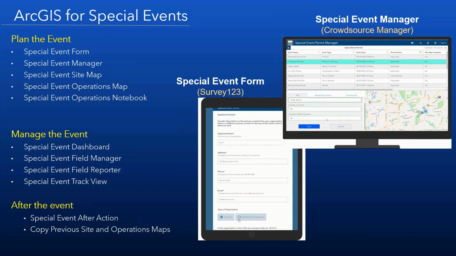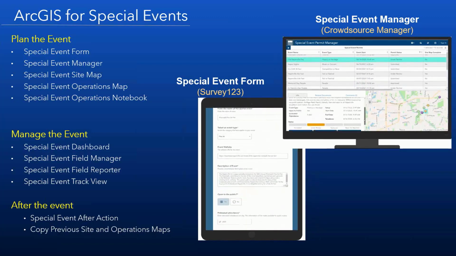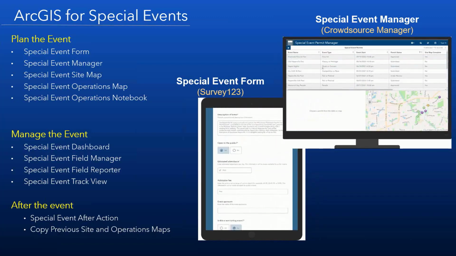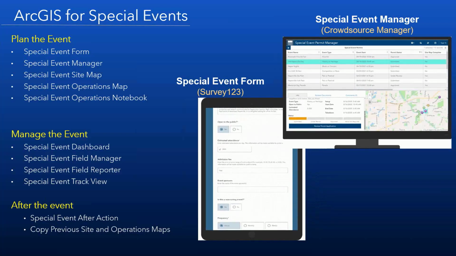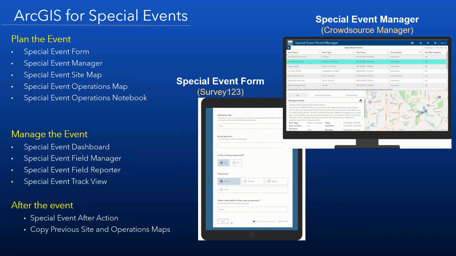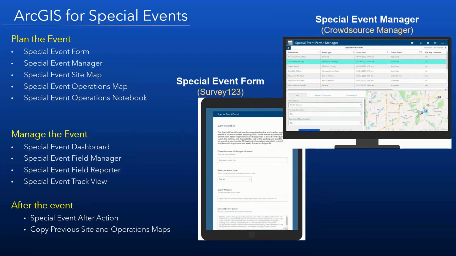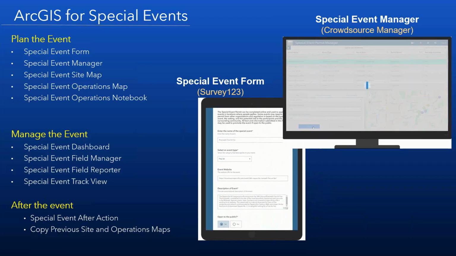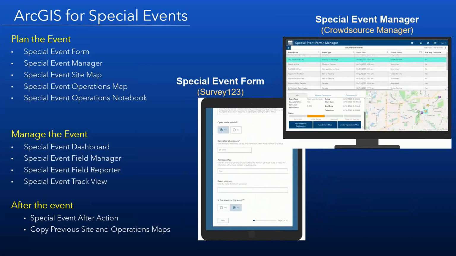That's really who the intended audience is, and specifically during the planning phase, the special events coordinator for a police or fire organization, helping them capture key information about an event that has requested police or fire support.